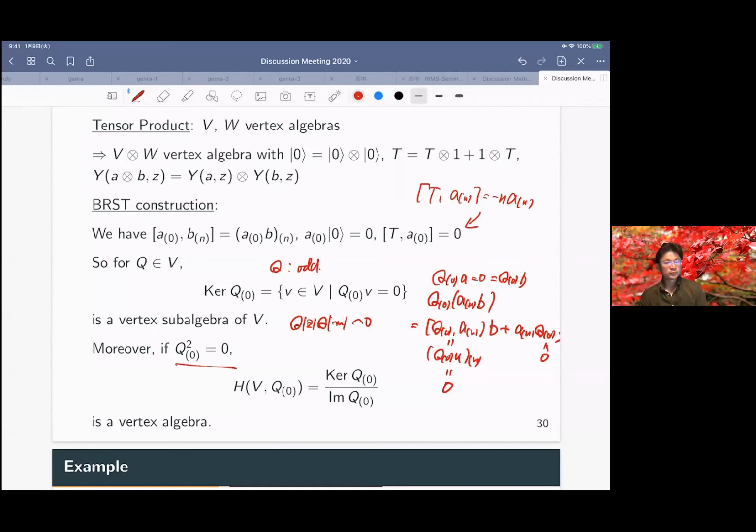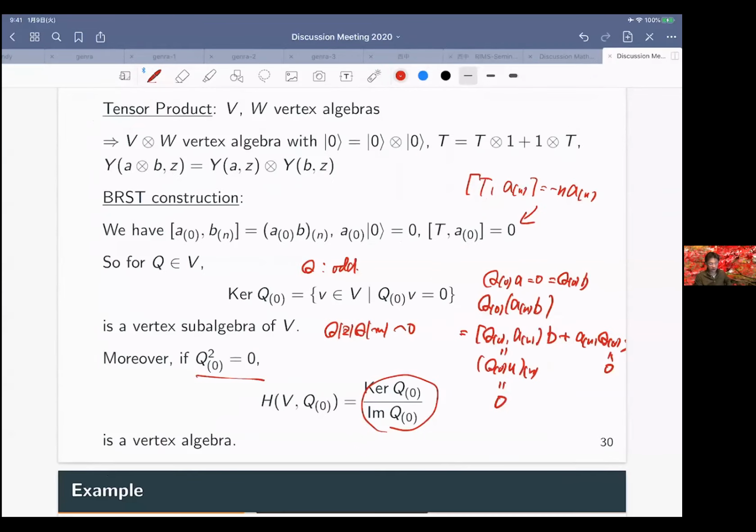If it's not super, this construction is not common. But this construction is very common: just consider the kernel of some operator, or the intersection of the kernels of some operators. This is a standard construction of vertex algebras. Okay, thanks.